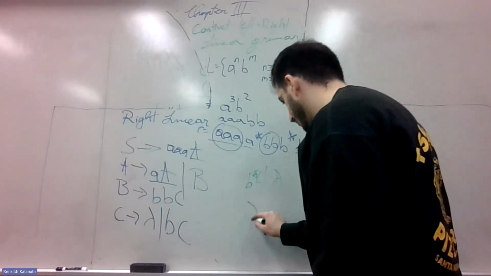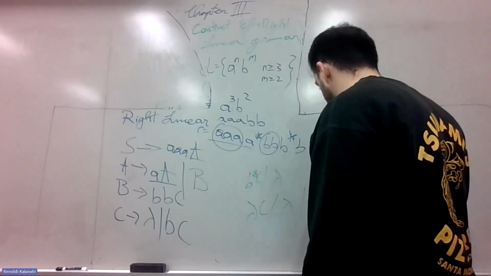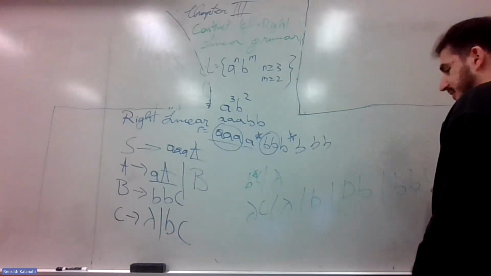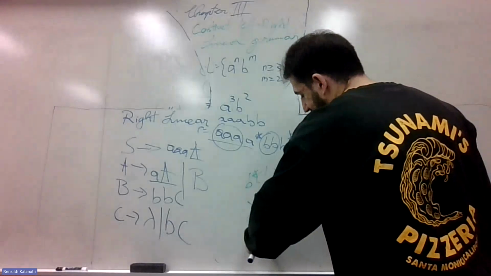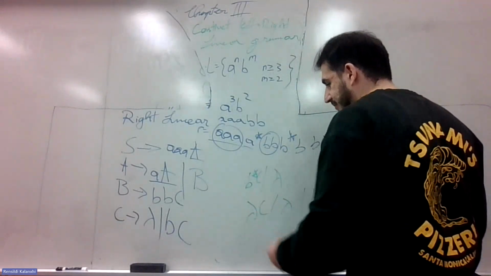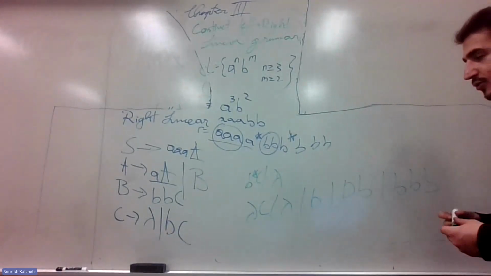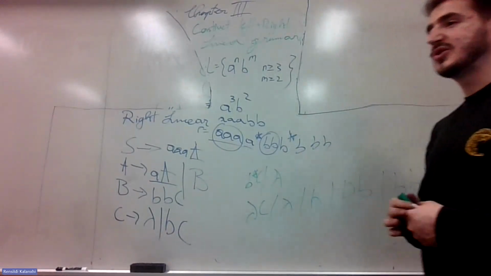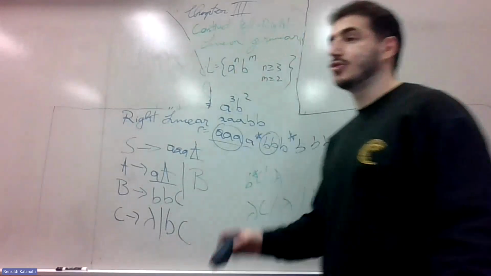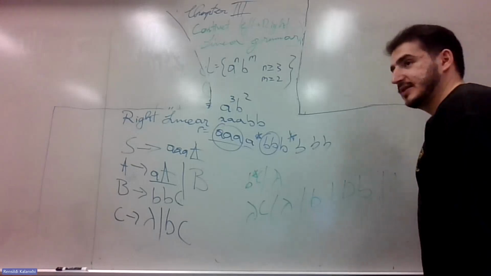So you're doing lambda C, lambda, and then B, or B, B. And you'll end up not choosing any B's at all. You understand? Because you can have the possibility to choose only lambda with C. Does it make sense?